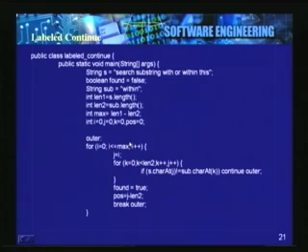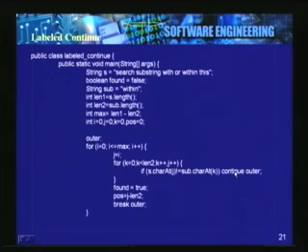You have this outer loop which iterates over the bigger string, and you have this inner loop which iterates over the smaller string, and if the characters mismatch, then you continue with the outer loop and move one position to the right.